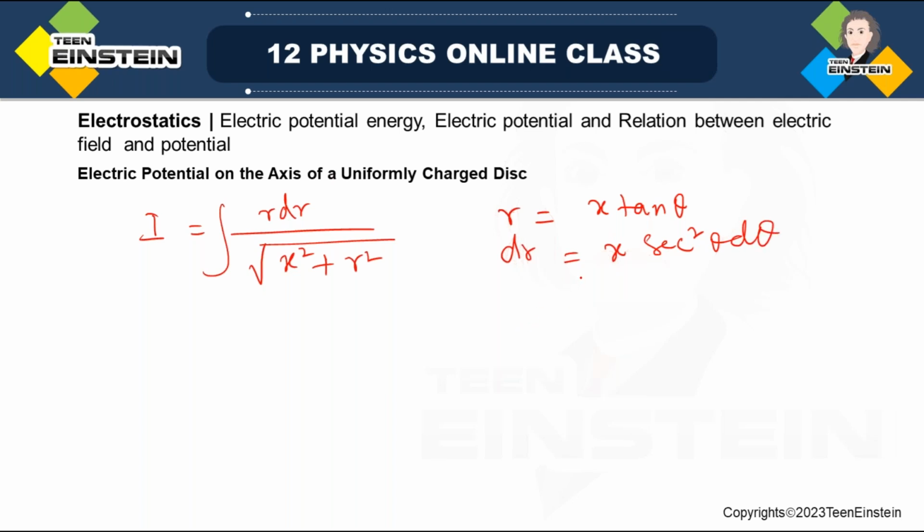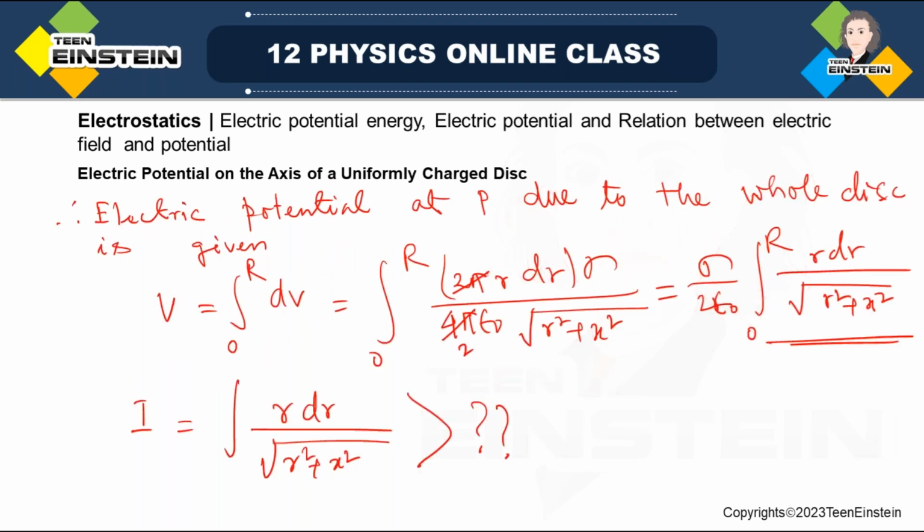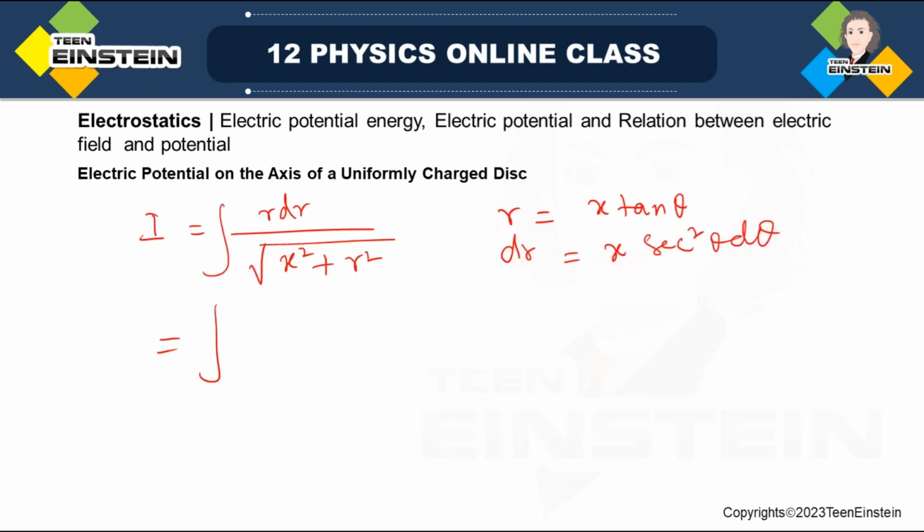Now we have got dr, and what is the value of r? r is x tan theta, so dr is x sec square theta d theta.